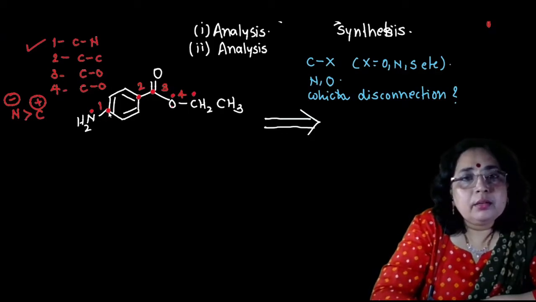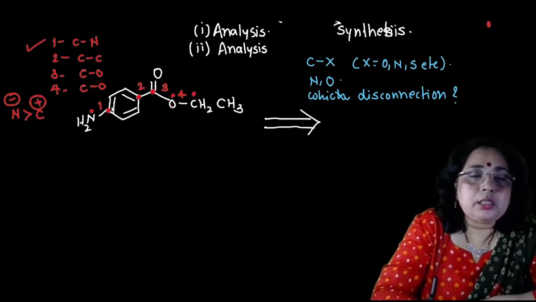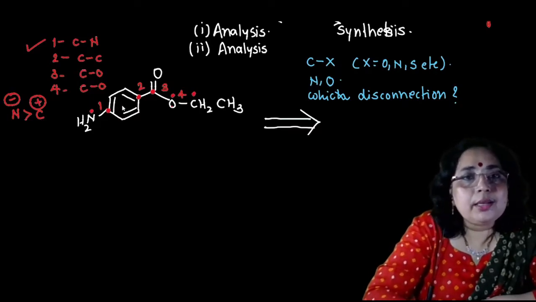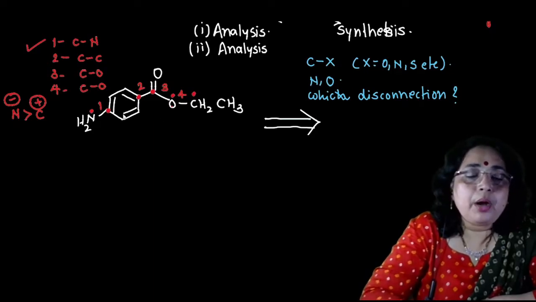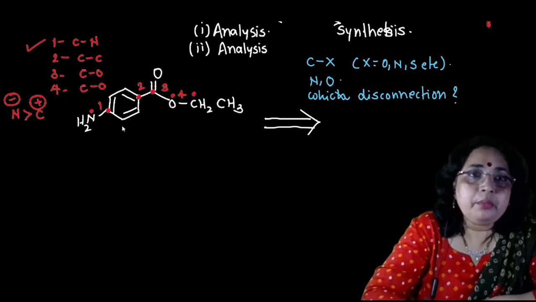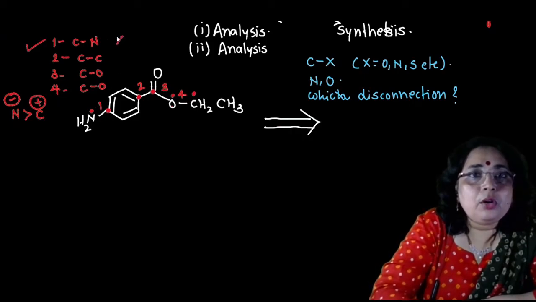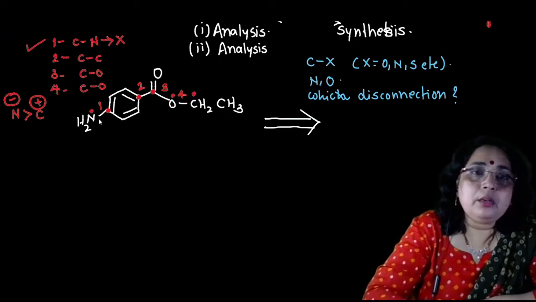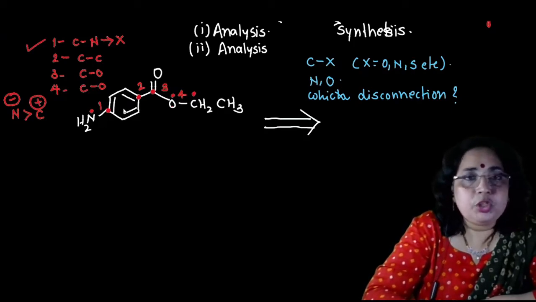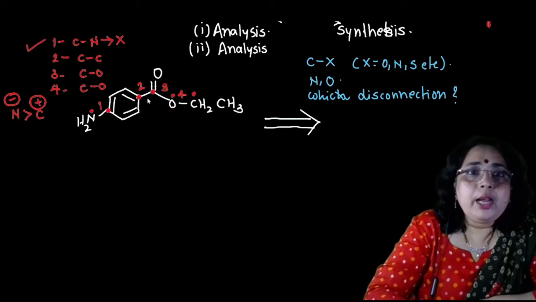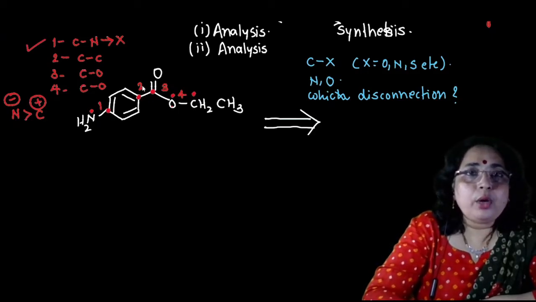The positive charge on the carbon in the ring will develop a very unstable intermediate. So this disconnection should be discarded because it is developing an unstable intermediate.